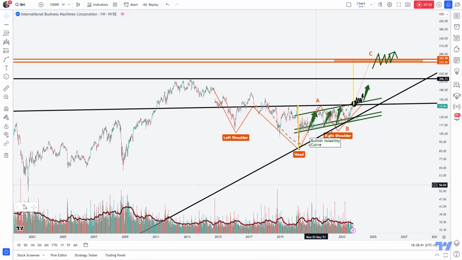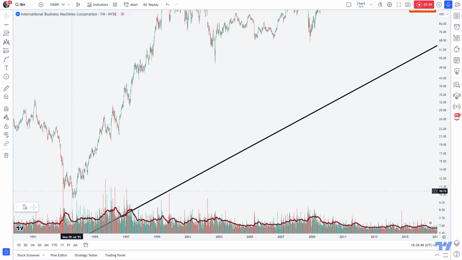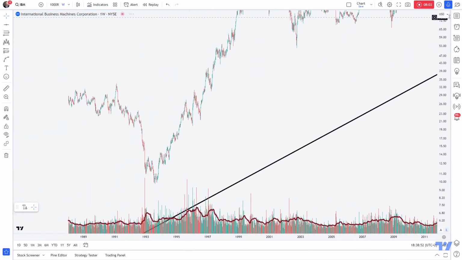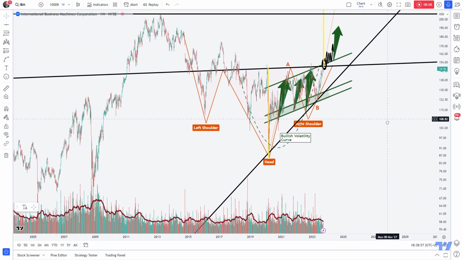It has to be mentioned that IBM did not break this major ascending trend line that actually has the origins within 1993, after the major bull market of the 1970s has been completed.